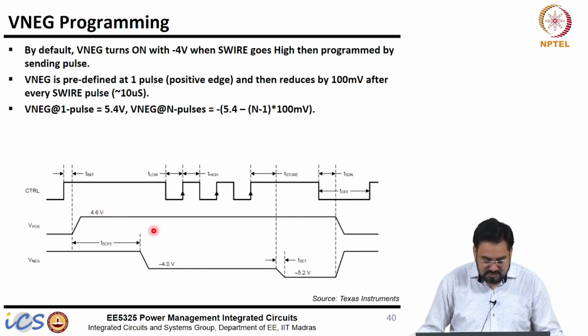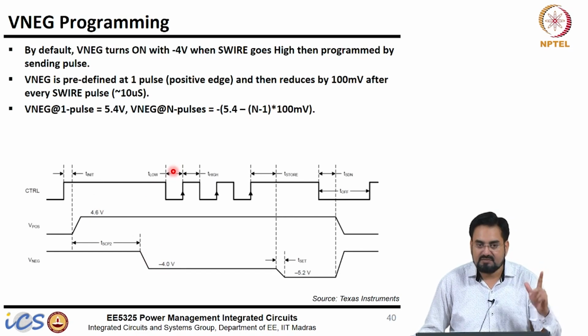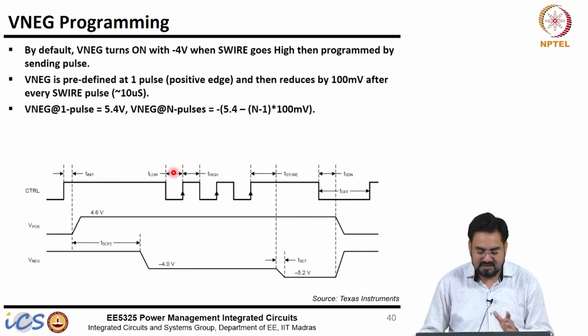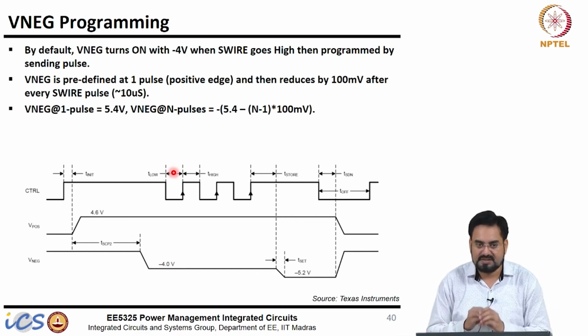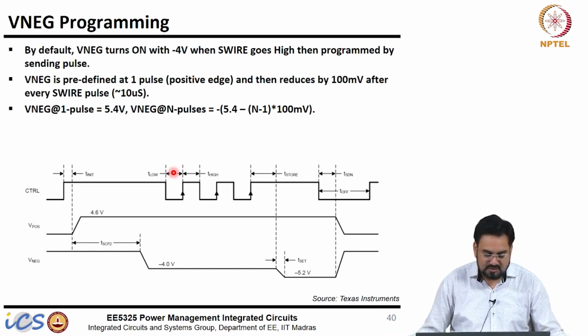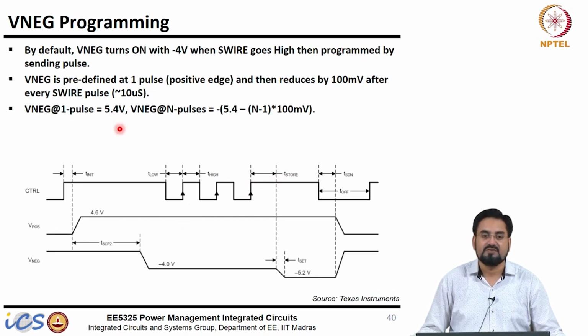If you do not want it to go to minus 4 volt, you can do that as well. If you send one pulse, then one pulse is already prefixed. I mean, in hardware this programming is done. So one pulse is already programmed to minus 5.4 volt. When you send only one pulse and keep it high after that, which means you lapse this 30 microsecond time, it will go to minus 5.4 volt.